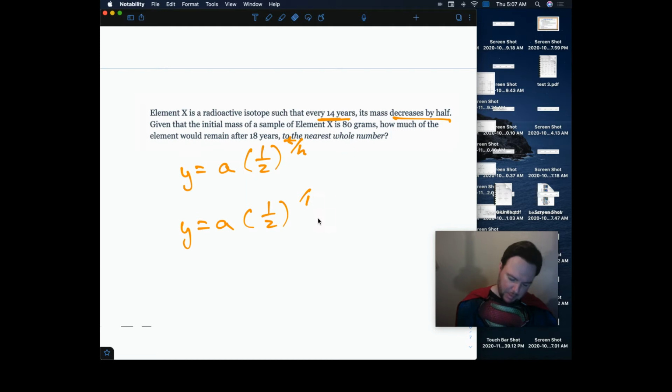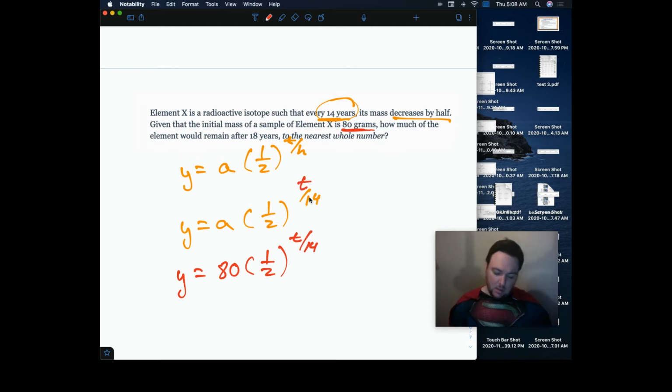There really must be kryptonite somewhere around here. 14, because it's every 14 years, right? And A is the initial amount, so they tell us in the beginning of the question, we have an initial amount of 80 grams. So this is y equals 80 times 1/2 to the t over 14. Right, this is t.